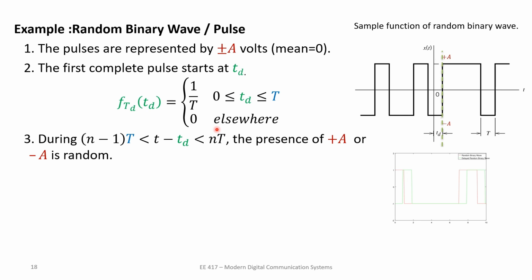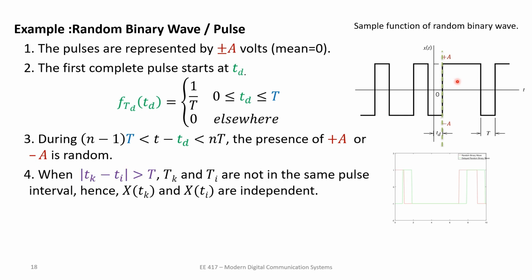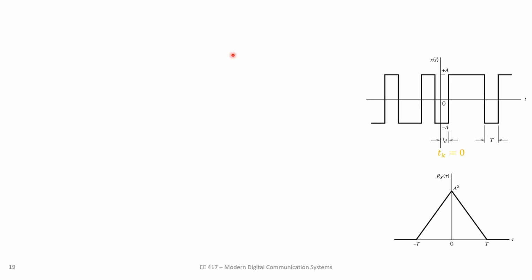Now we know that if you compare the signal with itself after shifting more than T, then the answer would be 0, because it's random, could be plus or minus. If you multiply the signal by a shifted version of it, and the shift is more than T, then you get 0. Next we'll see what happens if the shift is less than T. Of course it depends.